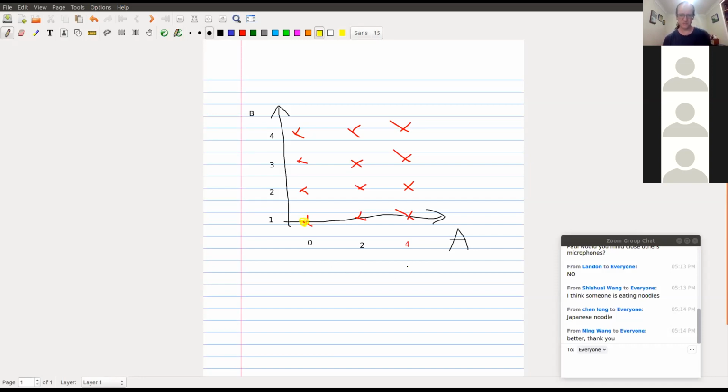Is 2 less than 1? No. 4 is not less than 1. I think it was less than or equal to. So you're going to have this one, and so on. Should be able to go quickly. This one: is 3 less than 2?